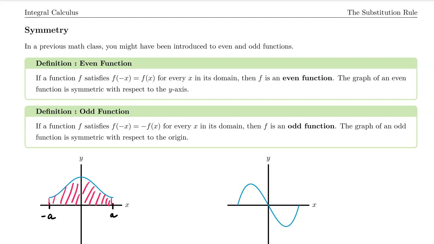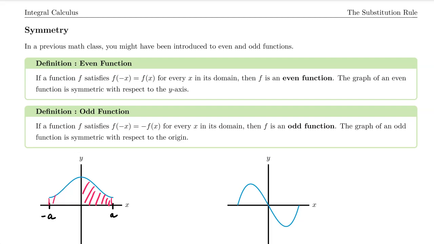it might make our life easier if we folded that in half and just calculated the area using the limits of integration starting at x equals 0 and the upper limit of integration at x equals a.